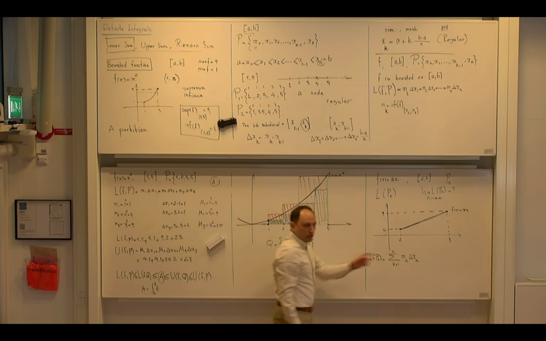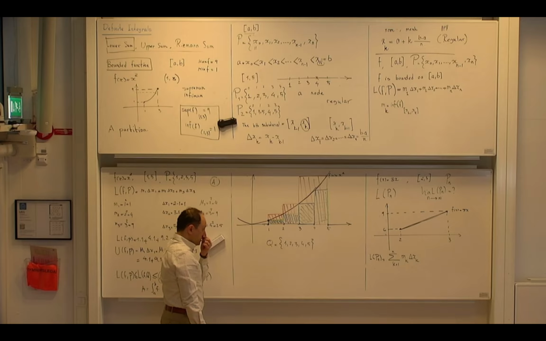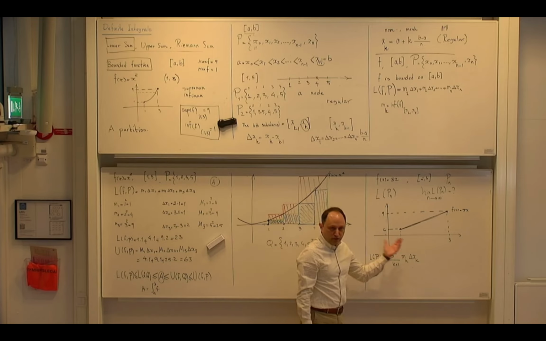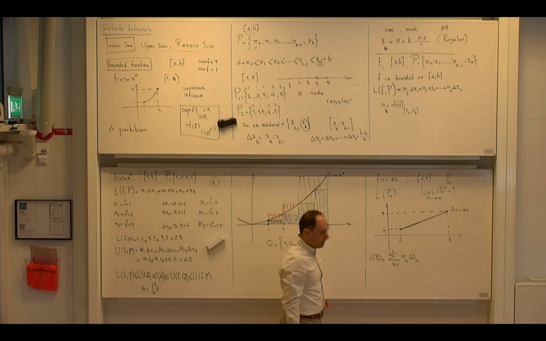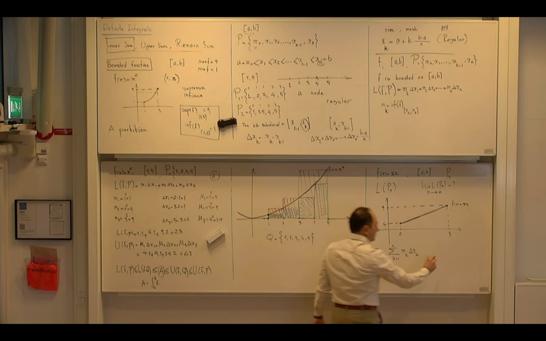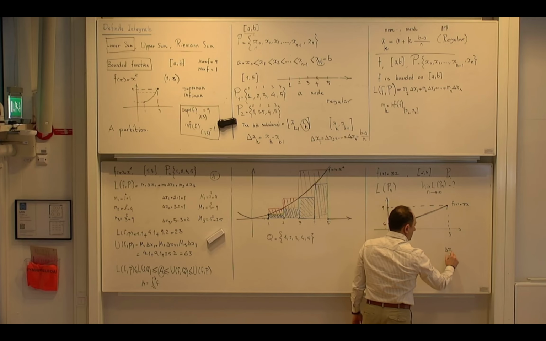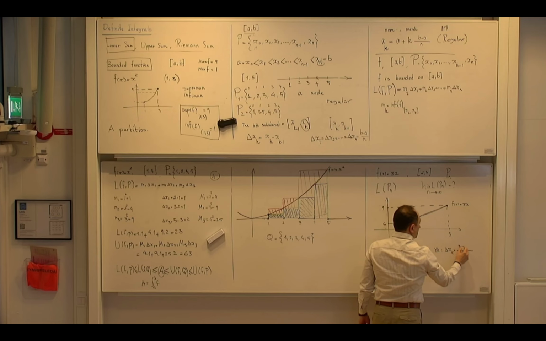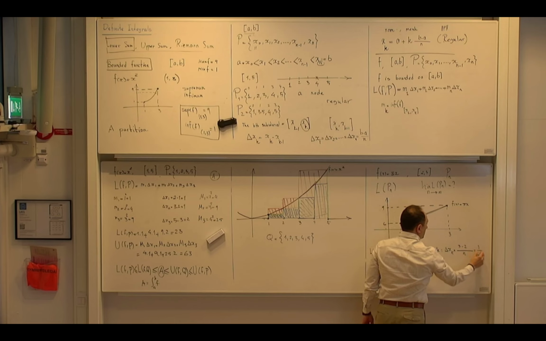I want to calculate this. In this problem, delta xk is very simple because this is a regular partition. For all k, delta xk is the total length, 3 minus 2, divided by n, which is 1 over n.